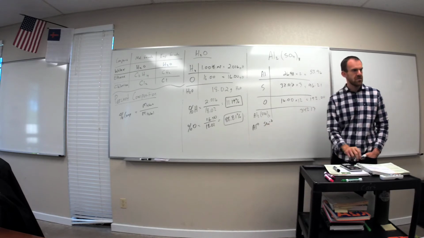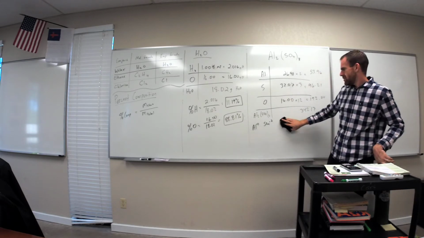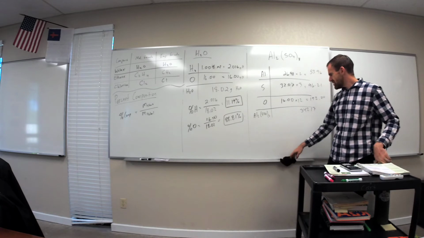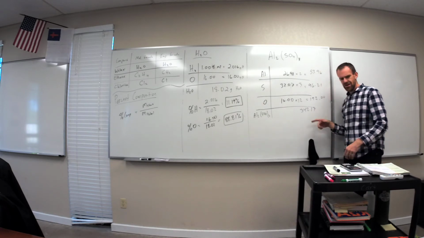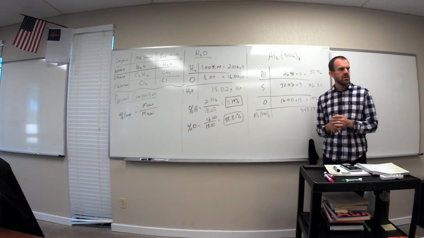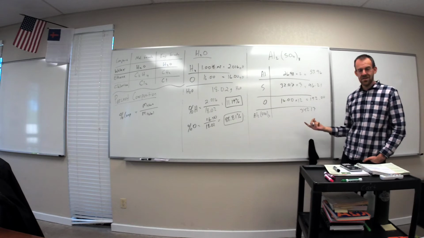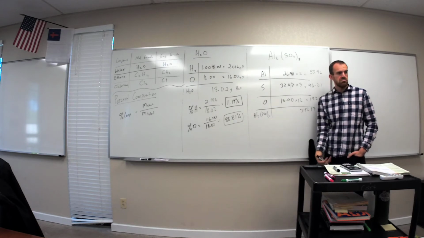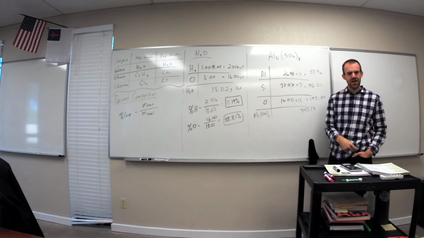Mr. Brown, are we supposed to put something like grams or units at the end of that one? Good question. This is not your answer, so we don't really mind. Mine's pretty close, though. I know, but that's wrong. This is the molar mass of that. I'm not asking that. I want to know the percent composition of aluminum, sulfur, and oxygen.